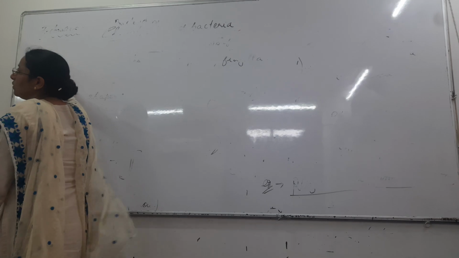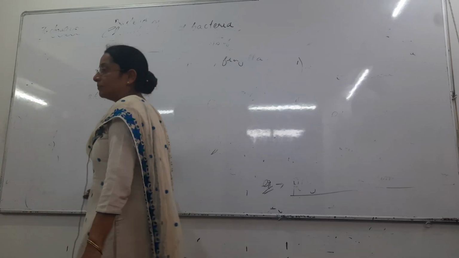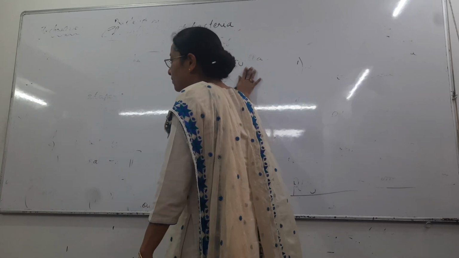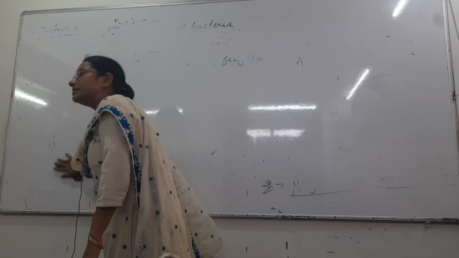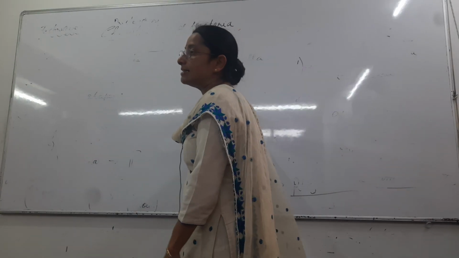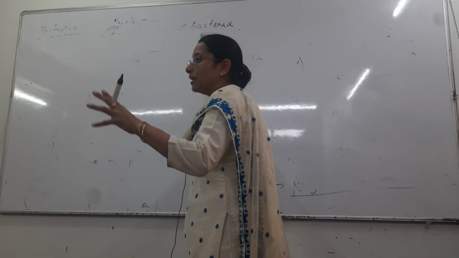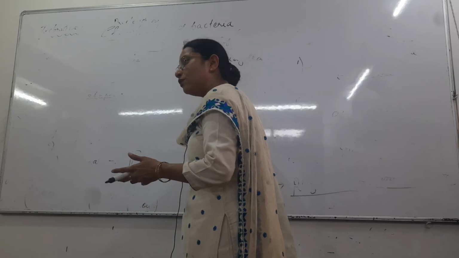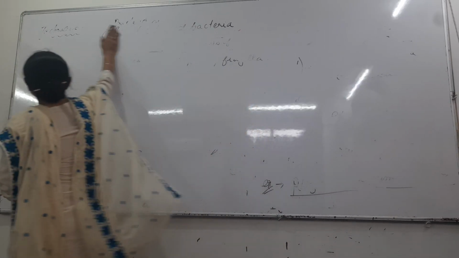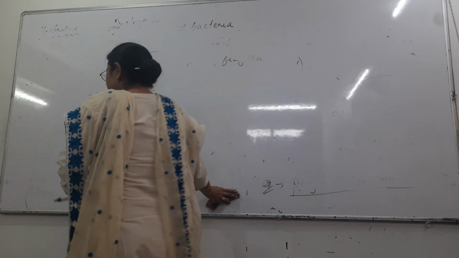If I use words like monococcus, diplococcus, tetracoccus, that means collection of one, collection of two, collection of four. Accordingly we have classification of coccus, classification of bacillus, etc.